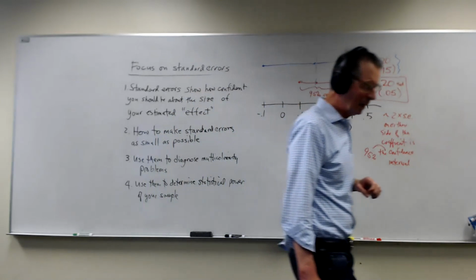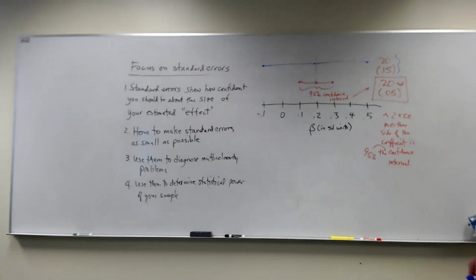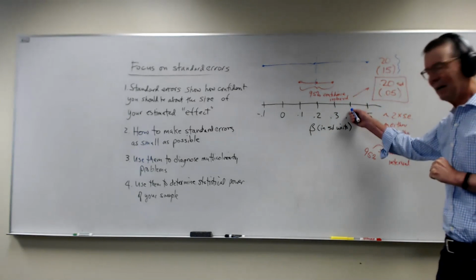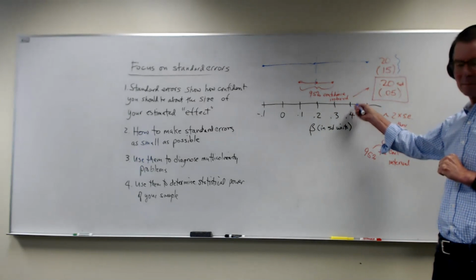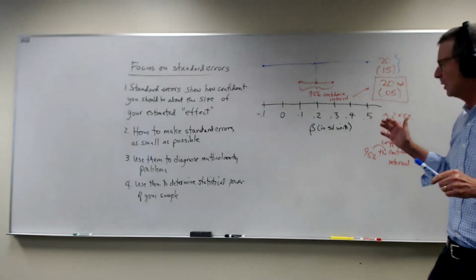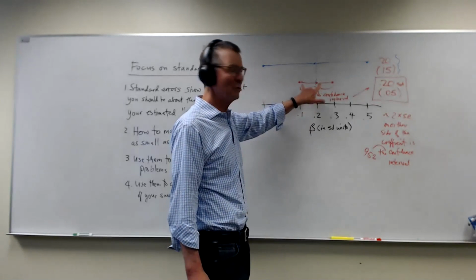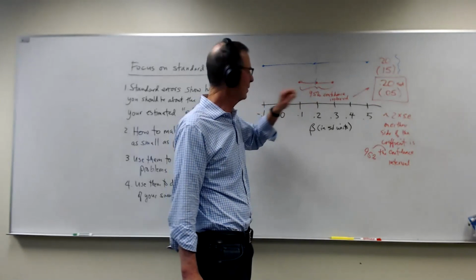So you can be quite confident that the effect size from the population that represents your sample isn't as high as 0.4, right? So in both cases, it helps to be precise, and precision is having a small confidence interval.